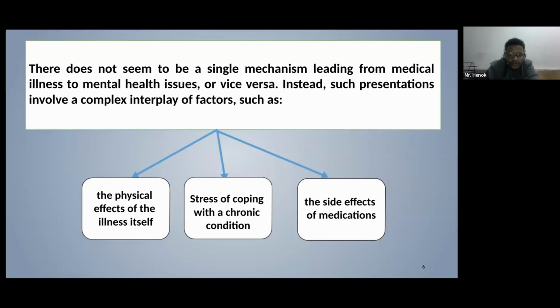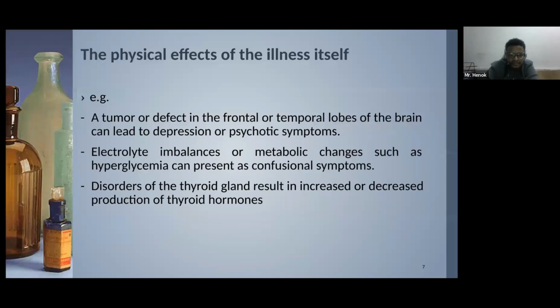When we say the physical effect of the illness itself, for example, medical conditions like a tumor or a defect in different parts of the brain can lead to manifestation of a psychiatric condition, let it be depression or psychotic symptoms.